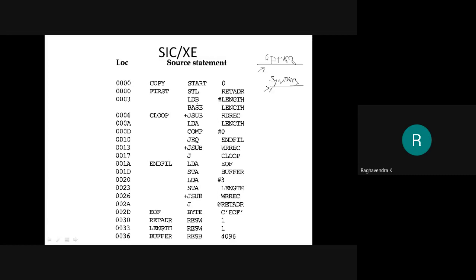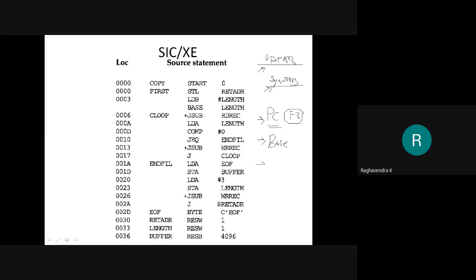I told you that by default the instructions are assembled using PC relative addressing mode, especially the instructions in format 3. If it cannot be assembled using PC, then it will be assembled using base relative addressing mode.